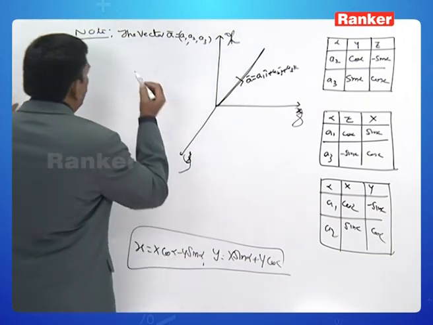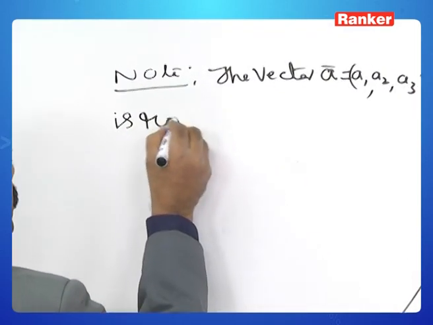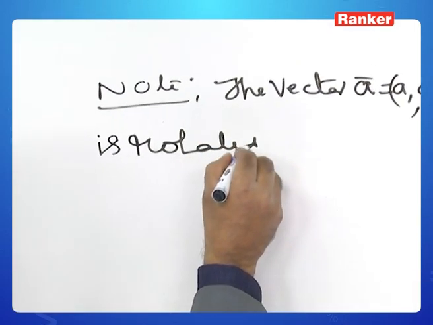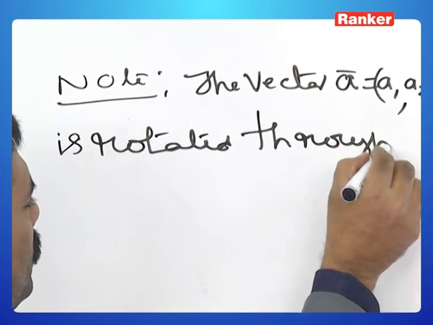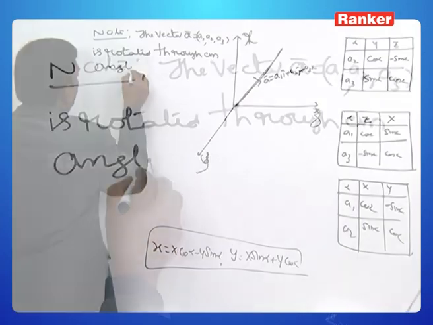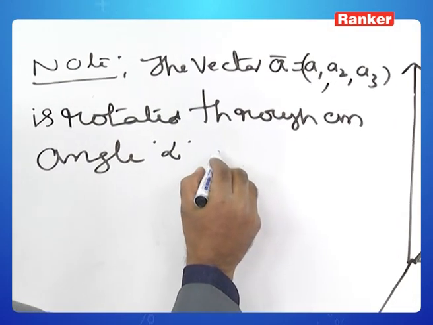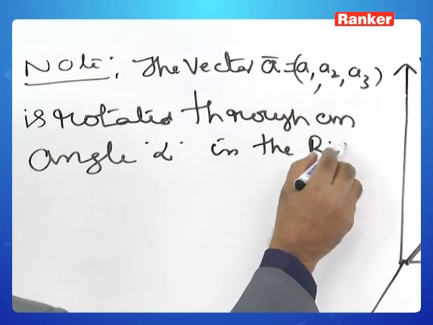Let us see. The vector is rotated through an angle alpha in the right-handed system.